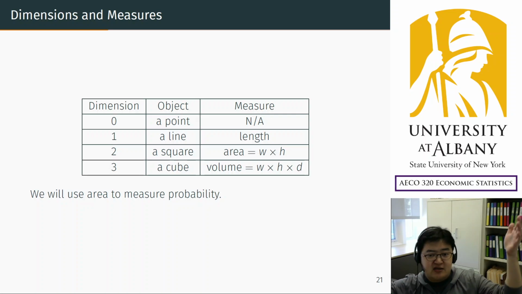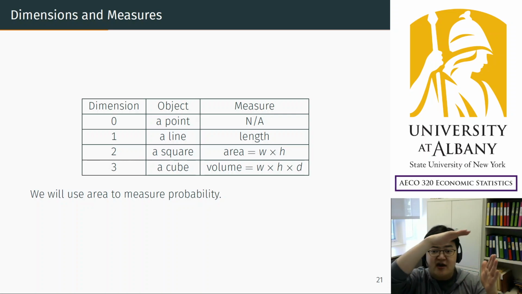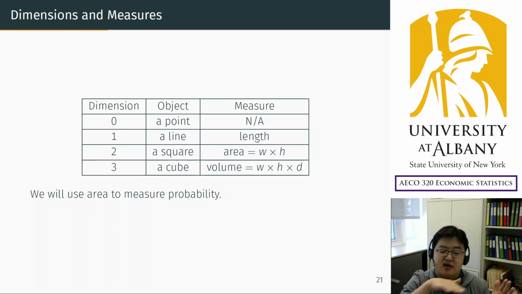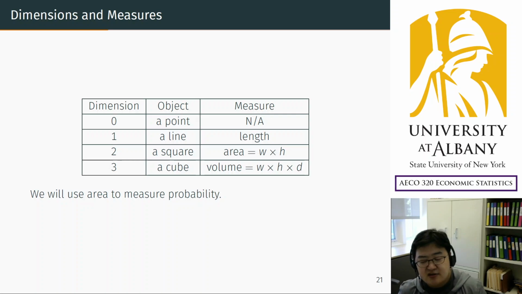And now expand it. Generalize that idea. If you collect an infinite number of lines, then you will have a square in two-dimensional space, right? So if you collect an infinite number of lines, it will make a two-dimensional plane. I mean, a square, a plane, and its size is measured by the area. You can define area for any two-dimensional plane, right? A square, for example. And even more generalization will make it a cube, three-dimensional space.